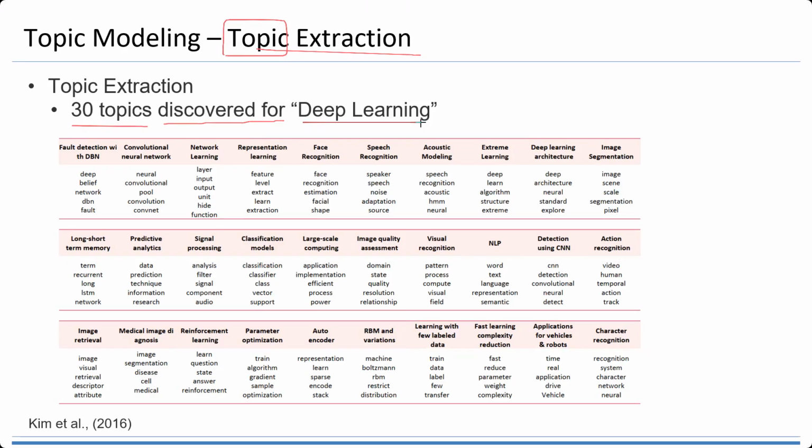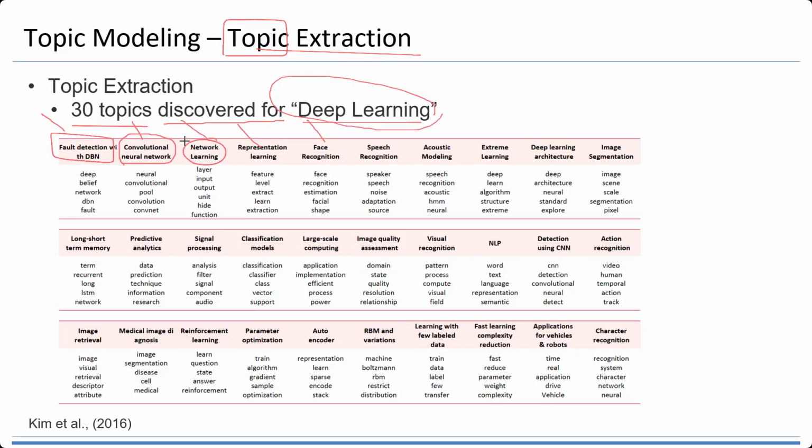So when you search research papers about deep learning, we can extract those kinds of particular topics. For example, fault detection with DBN, convolution neural network, network learning, and so on.